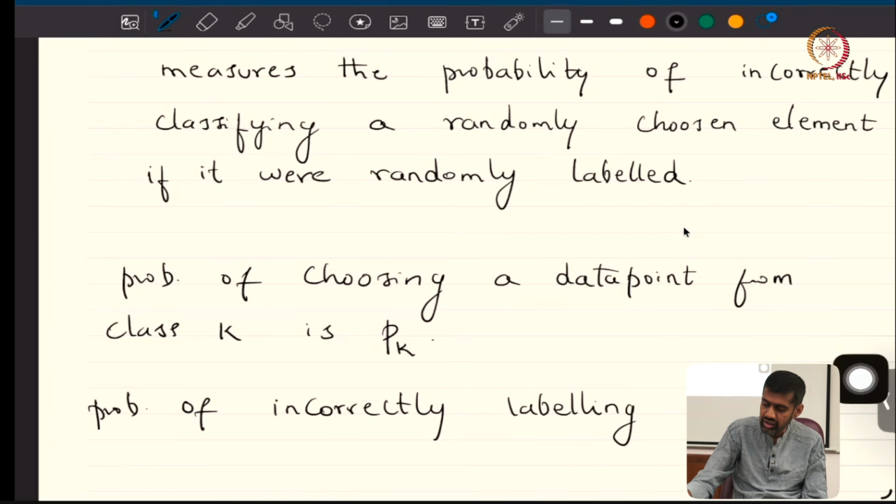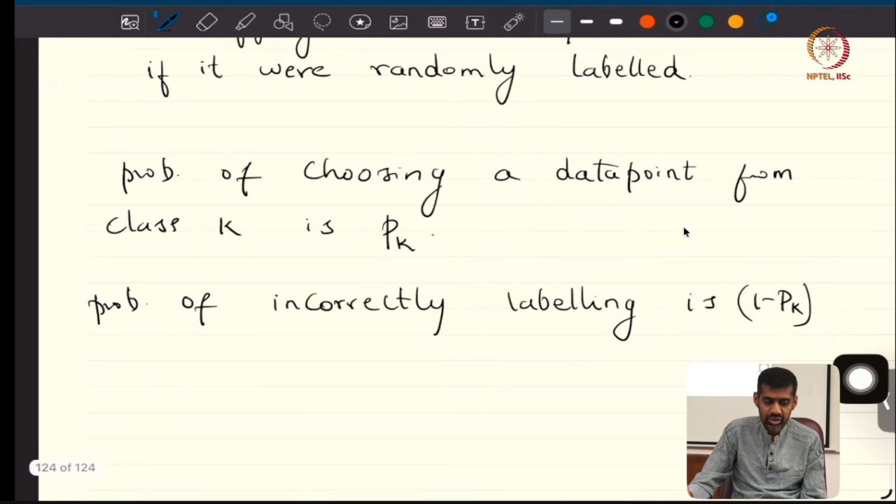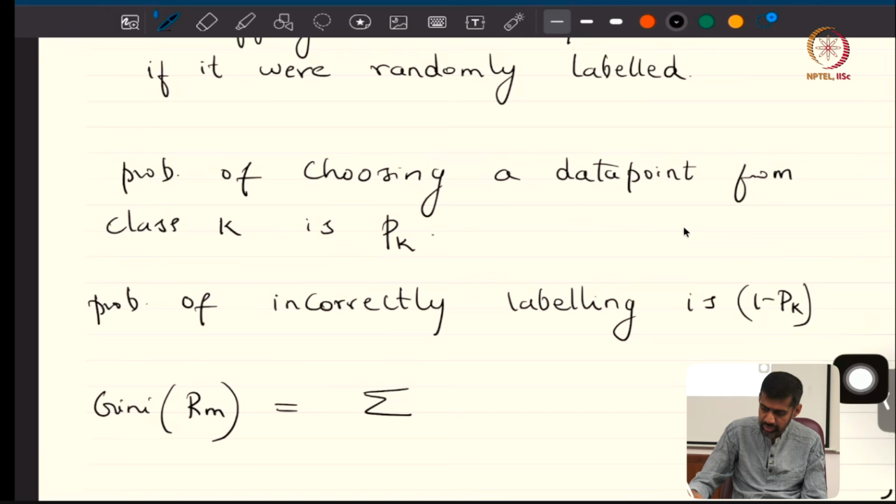These are independent events, right. So, the Gini impurity associated with a particular region is, you have to sum this up across all possible classes, that is it.